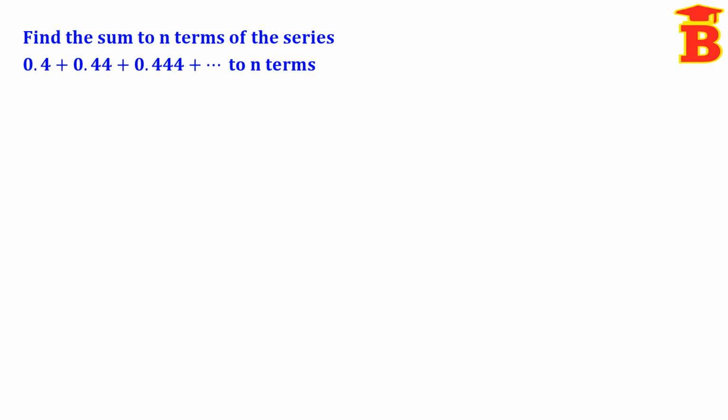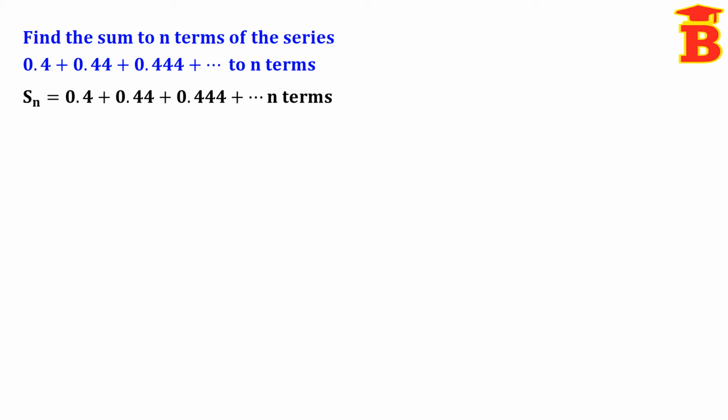Next problem, find the sum to n terms of the series 0.4 plus 0.44 plus 0.444 plus etc. up to n terms. So let us take the given Sn equal to 0.4 plus 0.44 plus 0.444 plus etc. up to n terms.